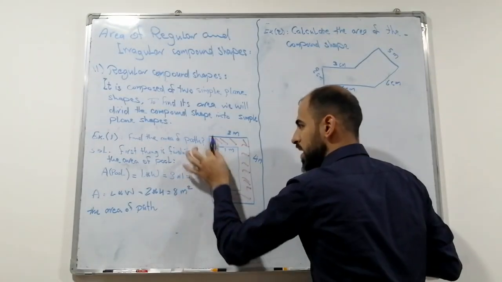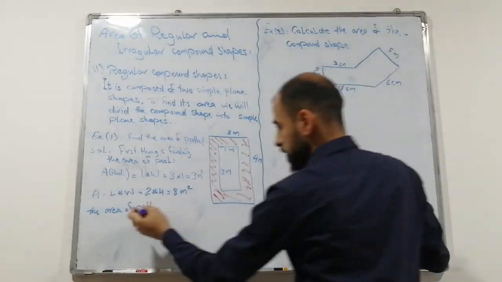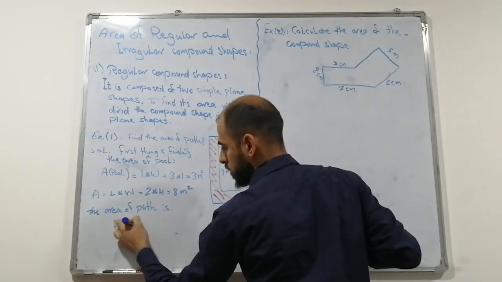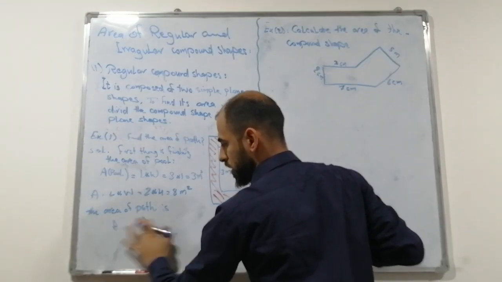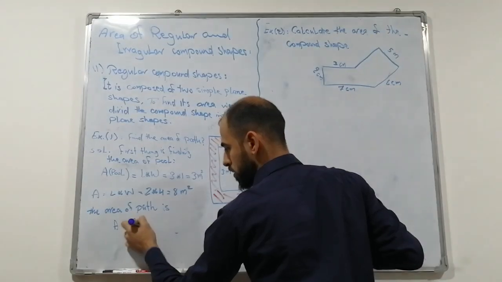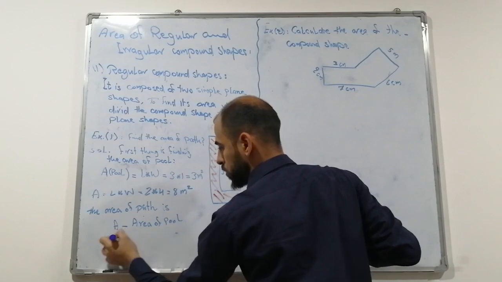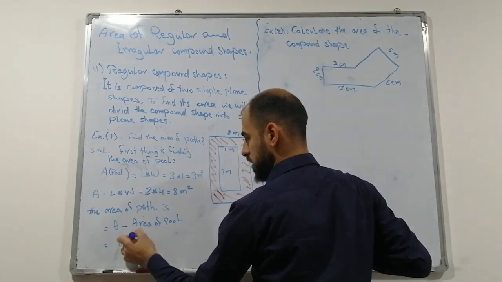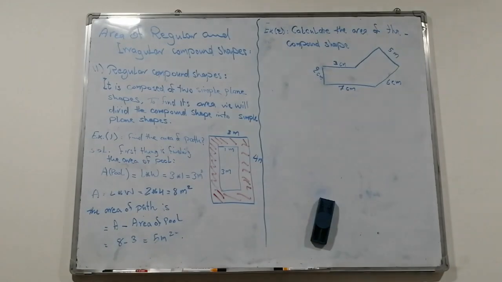So we get the area of only the path, equal to the whole area minus the area of the pool, which is 8 minus 3, 5 meter to the power 2. This is the area of the path.